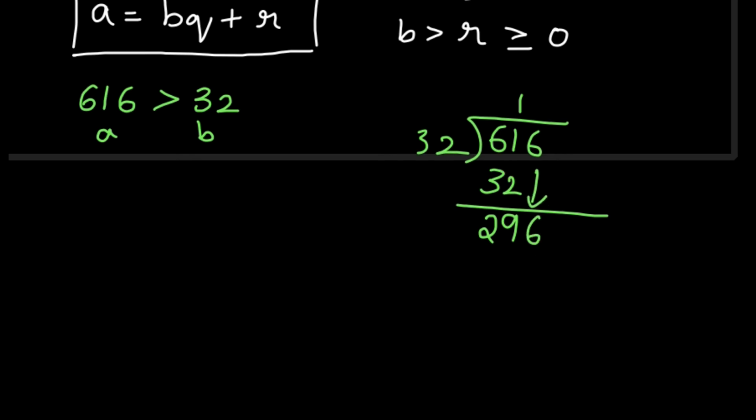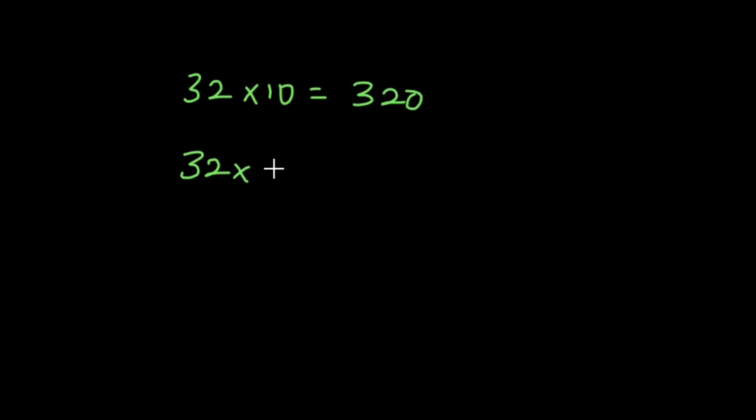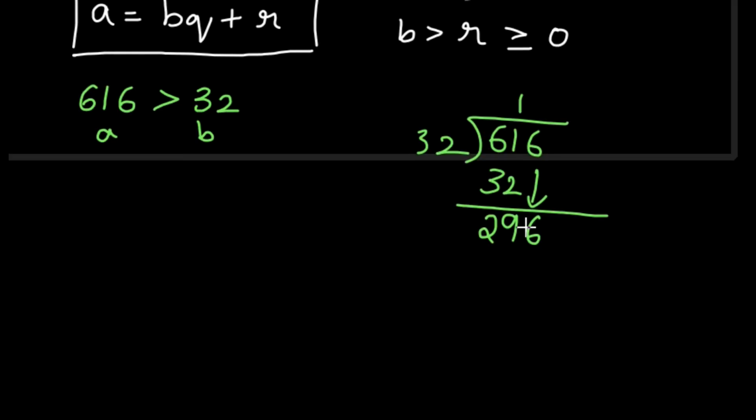Now, 32 multiplied by 10 will give you 320. This number is close to 320. Therefore, 32 multiplied by 9 will give you 9 2s are 18, 1 carry, 9 3s are 27 plus 1 will give you 28. 32 9s are 288. 16 minus 8 will give you 8.